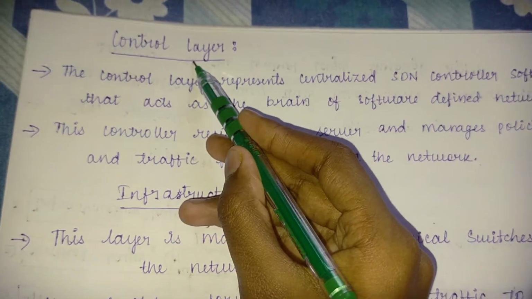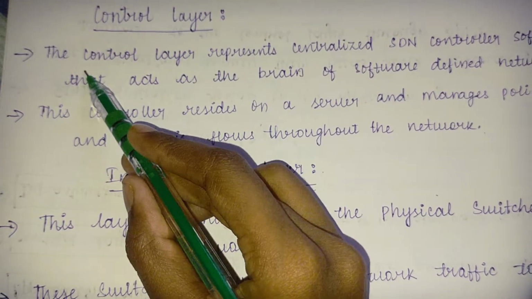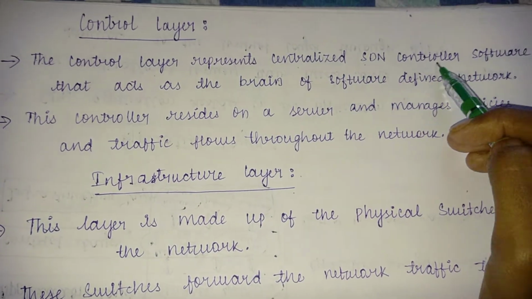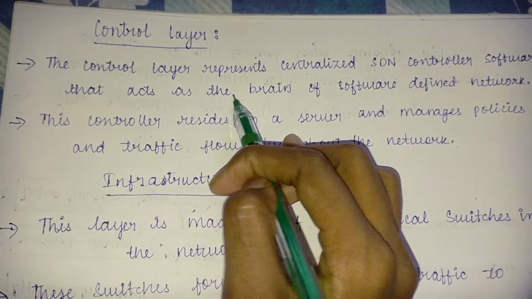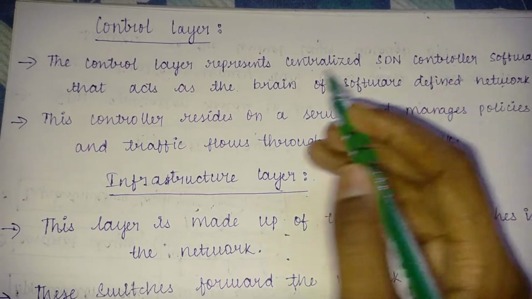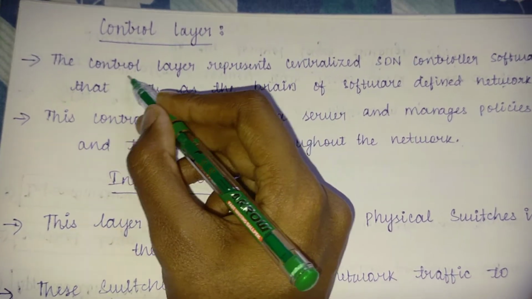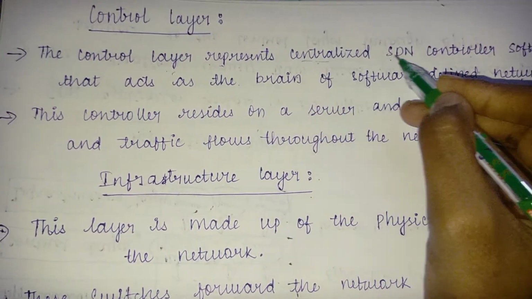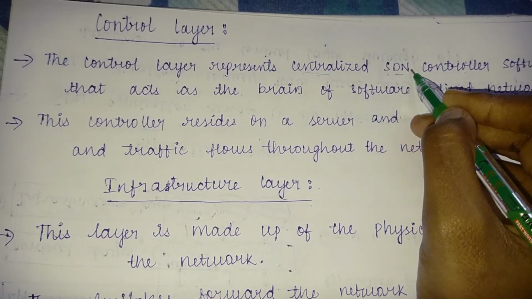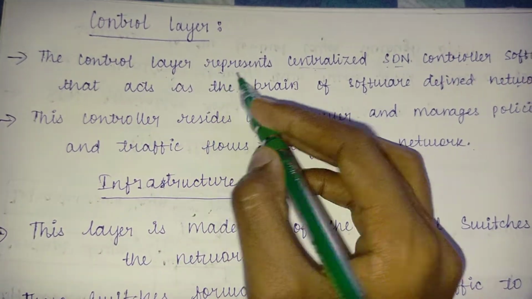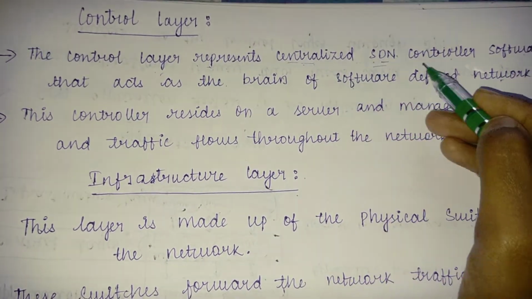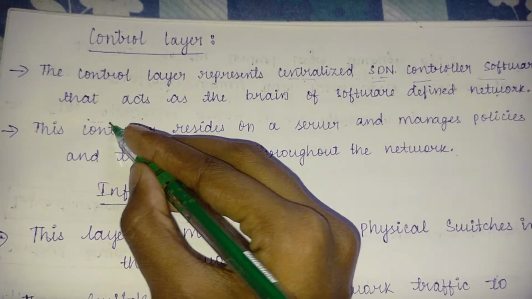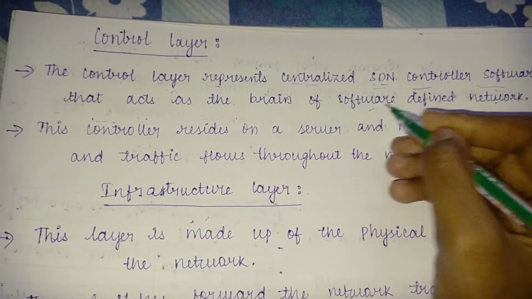Now next one is the control layer. The control layer represents the centralized SDN controller software that acts as the brain of the software defined network. SDN is software defined networking. So it acts as the brain of the software defined network.